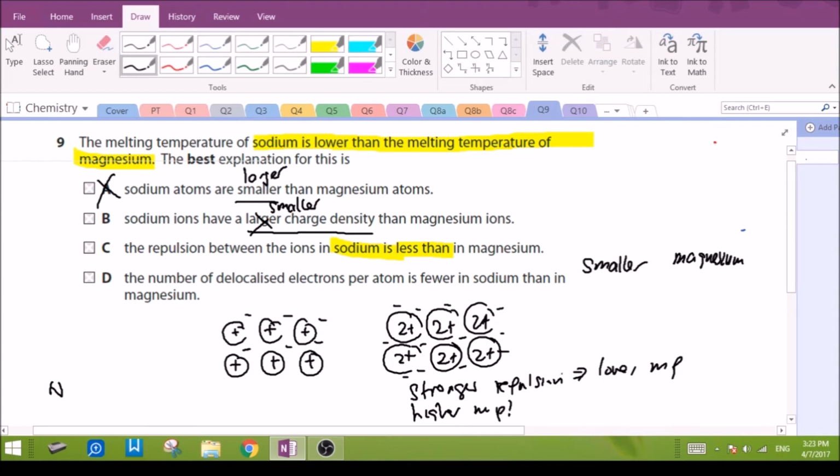So although there is stronger repulsion in magnesium, it doesn't help explain why magnesium has a higher melting point. Option C is a true statement, but it doesn't explain why sodium has a lower melting point than magnesium.